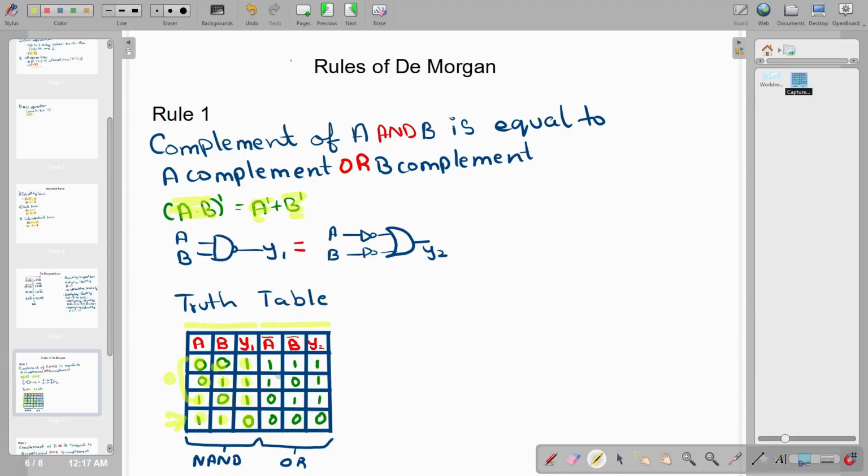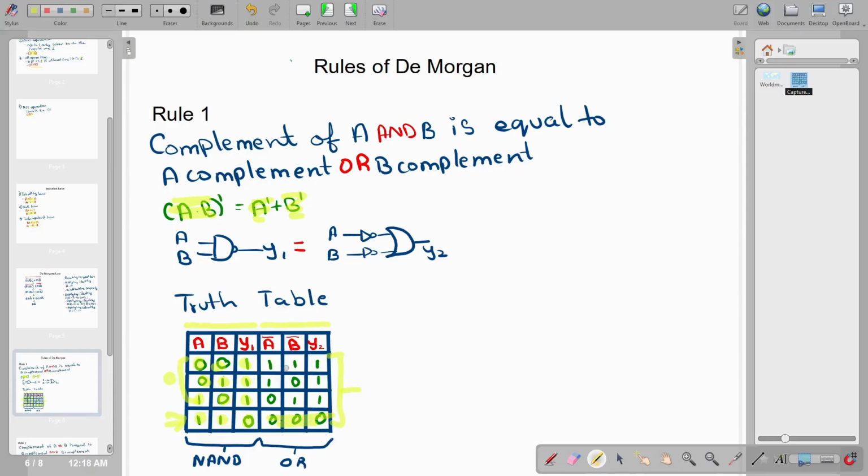And for the OR gate, we have to give the inputs as the inverse of A and B. So the zeros become 1 and 1s become 0. The OR gate operation is basically when both the inputs are 0, the output will be 0, as you can see here.